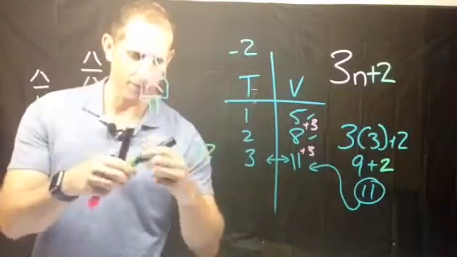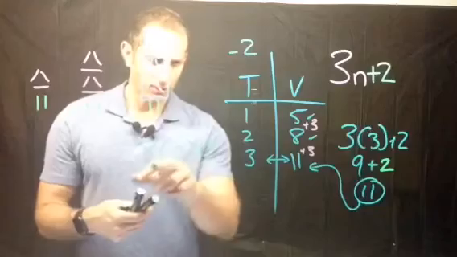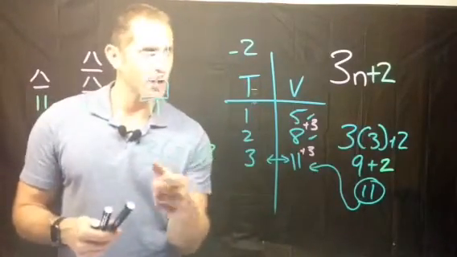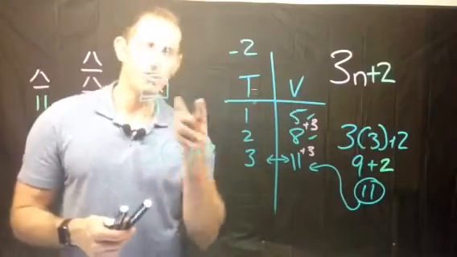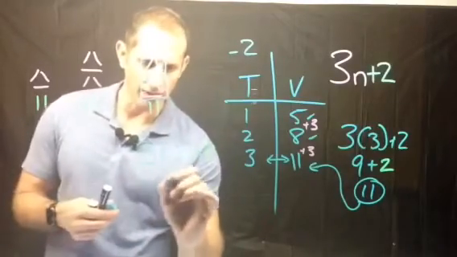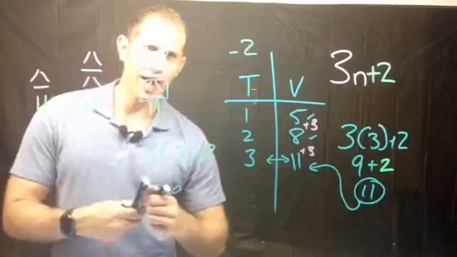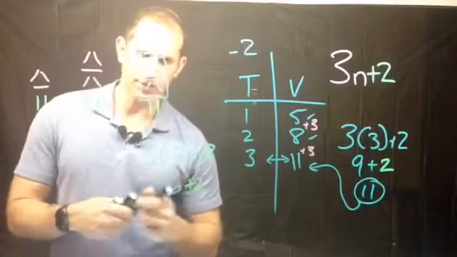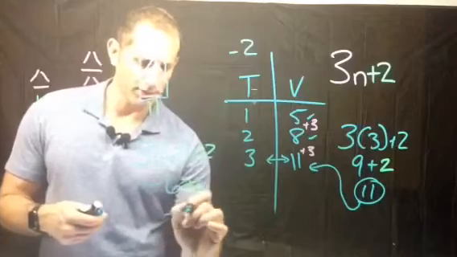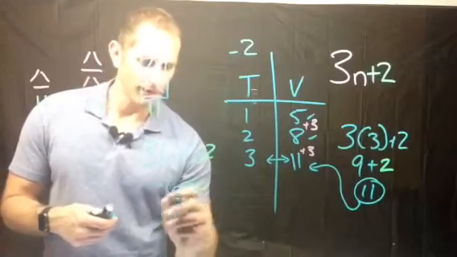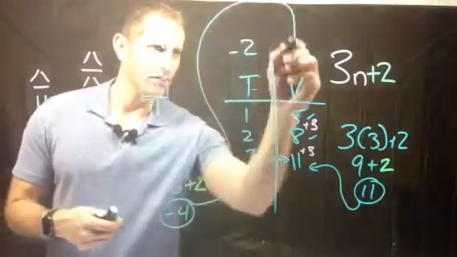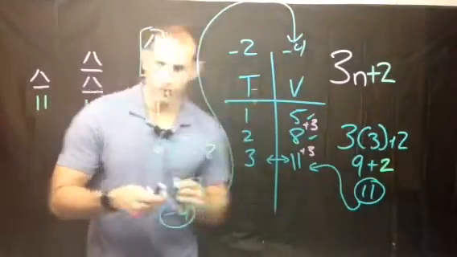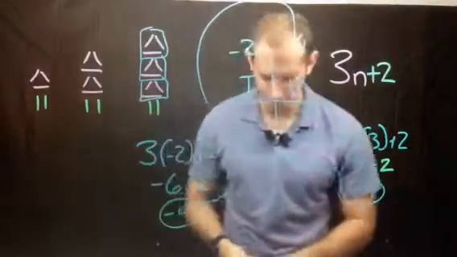I don't want to ever forget those guys. Those are kind of important. 3 times negative 2, a negative times a positive, equals a negative number, so it's going to be negative 6. Then I add my 2 constants, and I end up with negative 6 plus 2, which gives me negative 4. So this value right here goes there, negative 4. So I know the negative second term is going to have a value of negative 4.